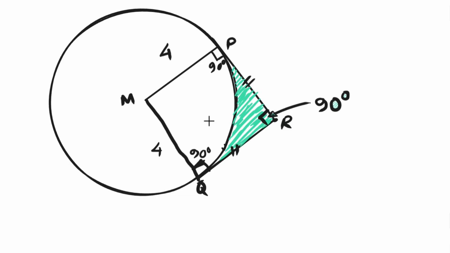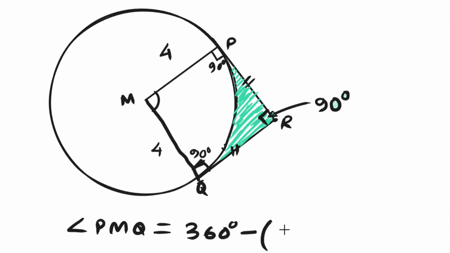Now let's focus on quadrilateral MPQR. The sum of the interior angles of every quadrilateral is 360 degrees. We already know that angle MPR is 90 degrees, angle MQR is 90 degrees, and the angle at R is also 90 degrees. So the remaining angle, which is angle PMQ, equals 360 degrees minus the quantity 90 plus 90 plus 90.